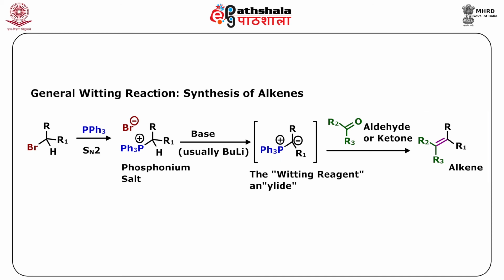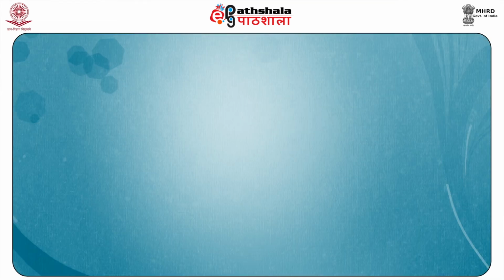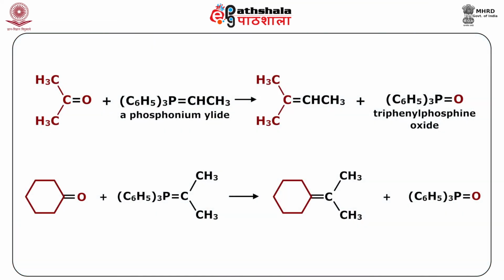And a very important thing here is that there is no rearrangement, the double bond of alkene which is resulting as the product is formed at just the same position where the carbonyl double bond in the aldehydes or ketones was, and it will be joining to the very same carbon of the phosphonium ylide which is bearing the minus charge. Let us look at these examples.